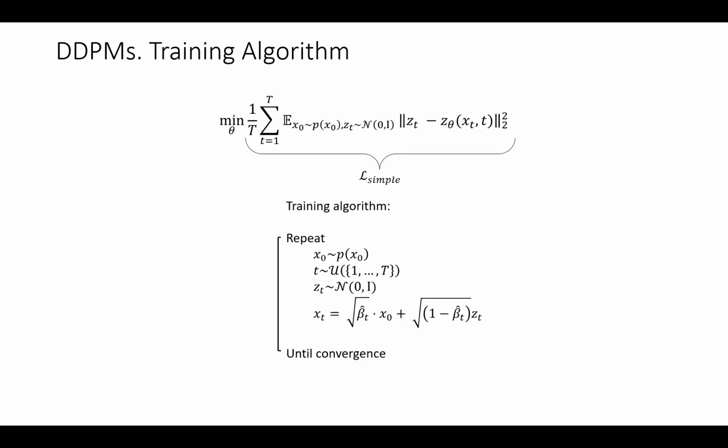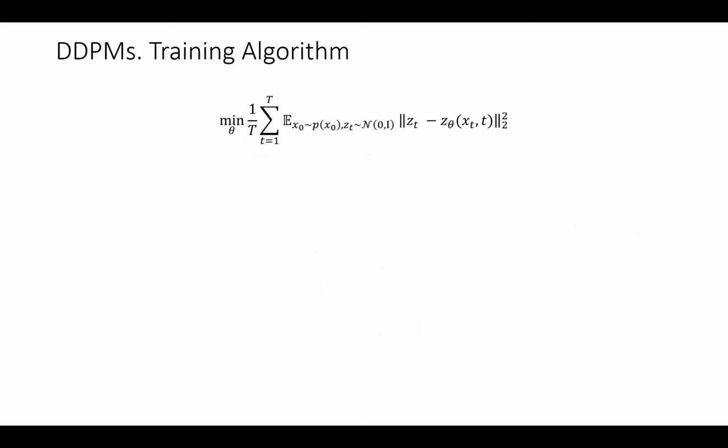We can't just take an image and add noise, so we have to have those. Then beta t hat is like this in terms of alpha, and alpha was defined as 1 minus beta, and so on, as I talked about earlier. So if you look in a little more detail, this is our objective function, L simple.